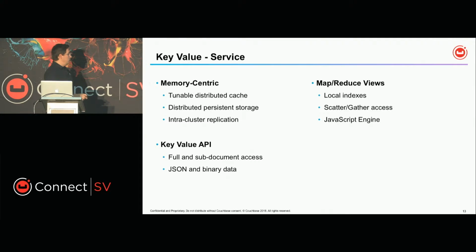And also importantly, it's the only real service which can handle binary data. Since there is no secondary index at this point, you can store anything you want as long as you have a key that you can access the data from, right? So you can store XML data, binary blobs, whatever you want, you can also store that via KV. Now, if you store it as JSON, as you've seen in the keynote, and if you've used Couchbase before, you will know that all the other services like FullText Search, Query, and so forth work on top of JSON.